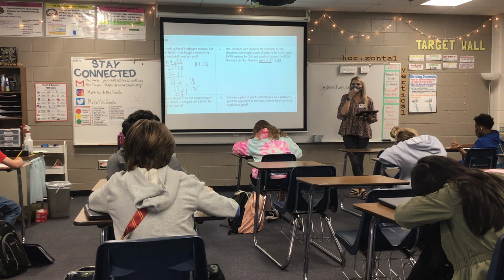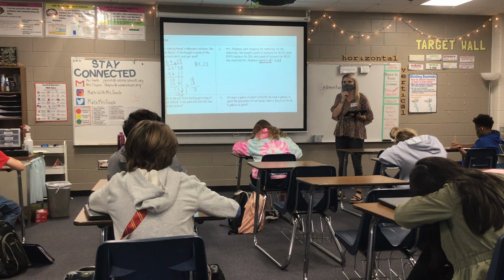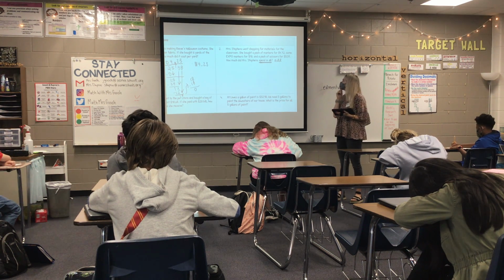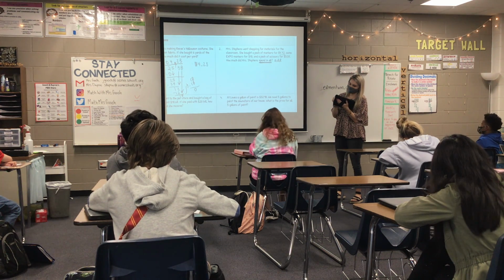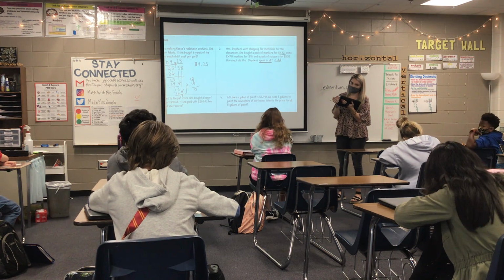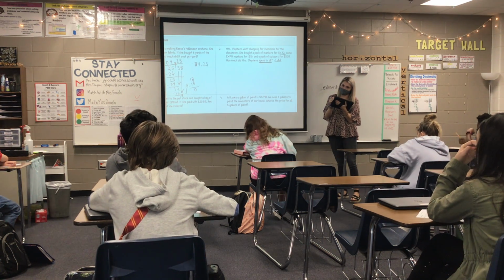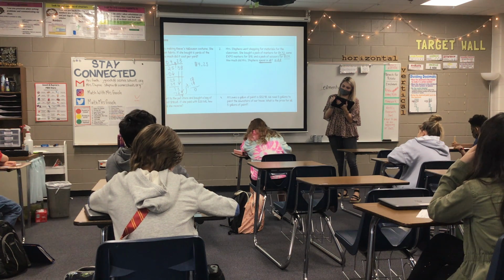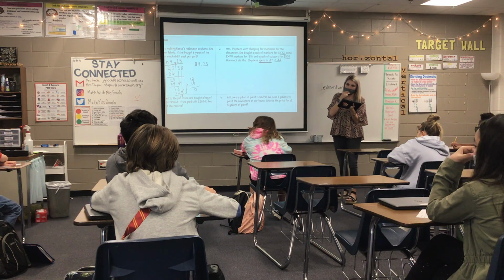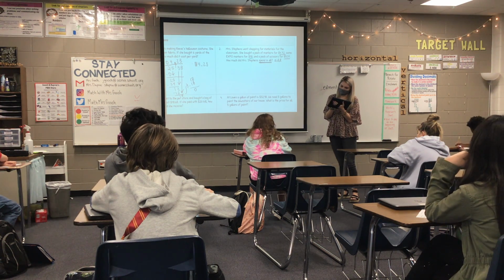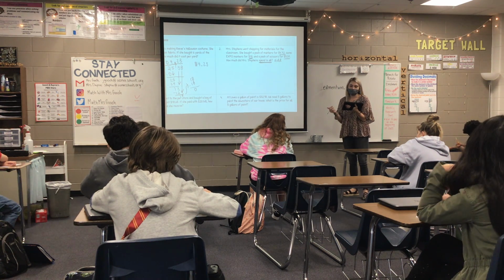We need to figure out what numbers we are adding together. $4.72, good, what else? $5.51, and then what else? We got one more we're adding with it. 10, good. Awesome.